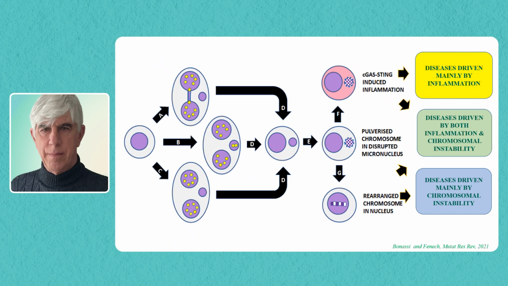Another important issue is that there is a mechanistic basis to justify the link between what we observe when we measure micronuclei and the mechanism leading to a disease. And this is valid for different pathways. For instance, the typical pathway for diseases, the last one, is when you have rearrangements in the chromosomes within the nucleus, where you have aneuploidy or chromosome breaks.